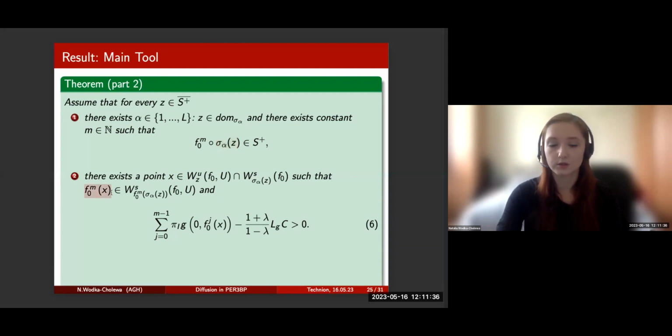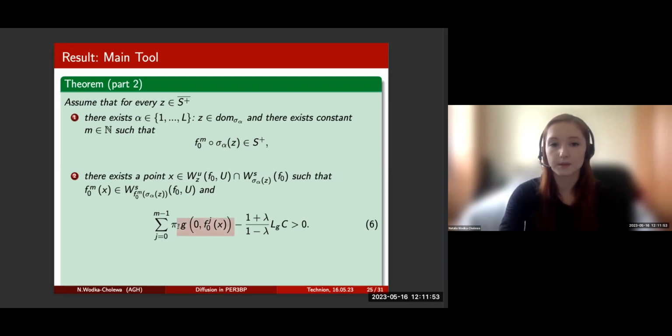This is the iteration for our point X, and we go to the stable manifold of this point. And this inequality, we have to assume that it holds. So you have the sum and some other things, and it's bigger than 0.